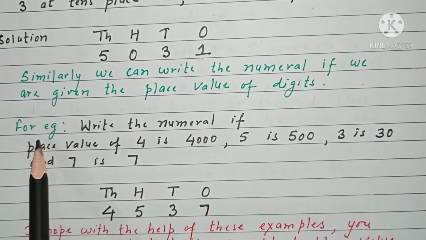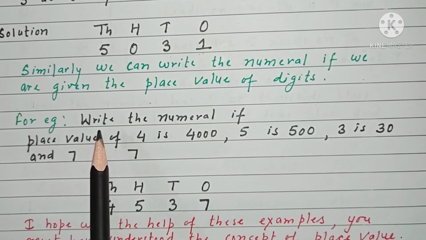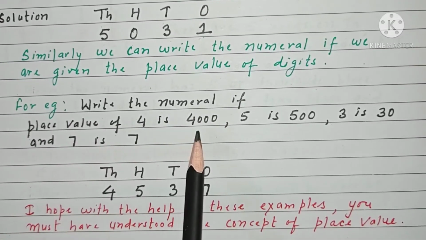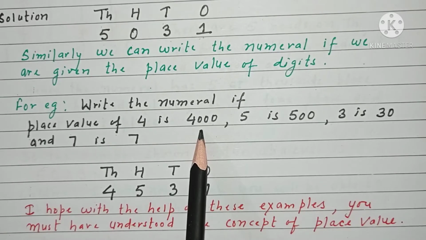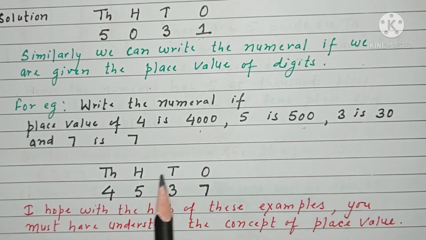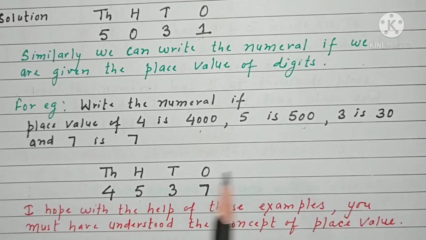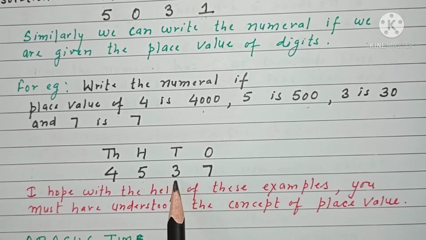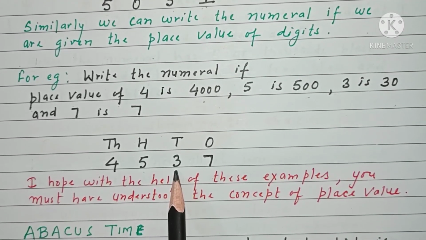Similarly, we can write the numeral if we are given the place value of digits. Let us do one more example. We have to write the numeral if the place value of 4 is 4000. The place value is given. 4 is at the thousands place. 5 is 500, which means 5 is at the hundreds place. The place value of 3 is 30, which means 3 is at the tens place.